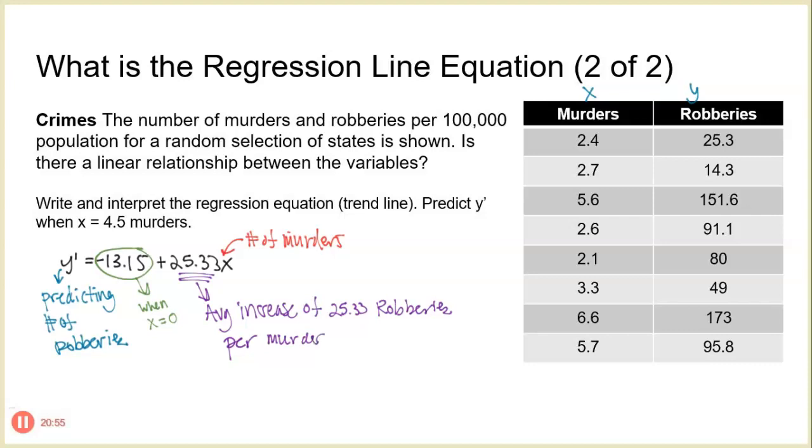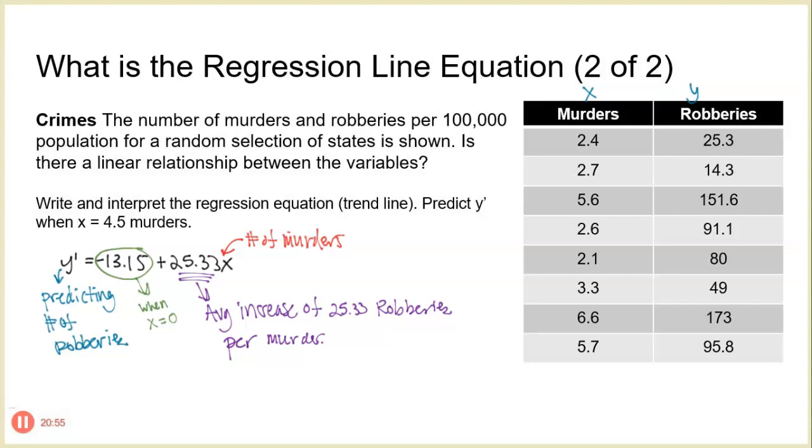And again, all of these values are per 100,000 population. So every time our murders increase on average by 1, this is the number of robberies that we expect.